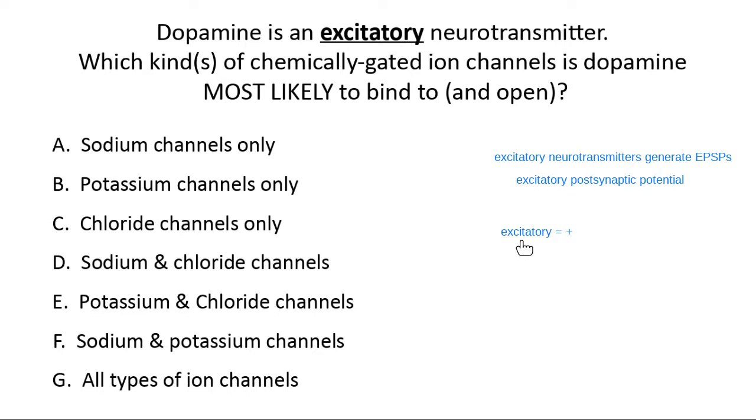We would say that this is excitatory, or a positive change, because remember that I have to get to threshold. I have to get just positive enough to be able to completely depolarize my cell. So an excitatory neurotransmitter is a neurotransmitter that's going to make the membrane charge in my postsynaptic neuron go positive.